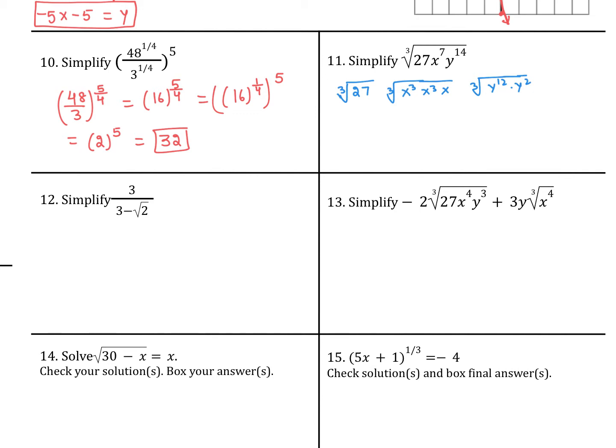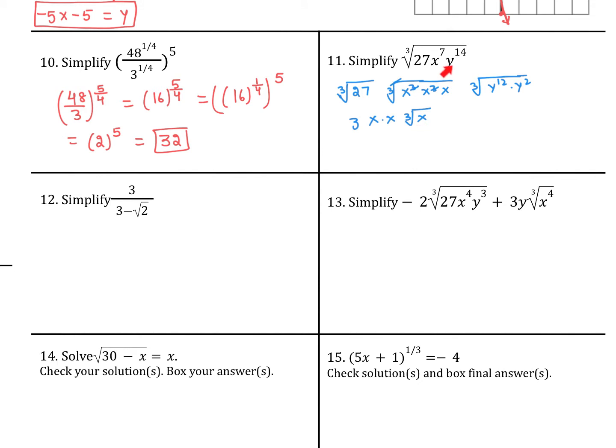You know that the cube root of 27 is 3. Cube root and cube cancel for this x cubed, and you get the x out. But you have here cube root of x inside. So this x remains inside.